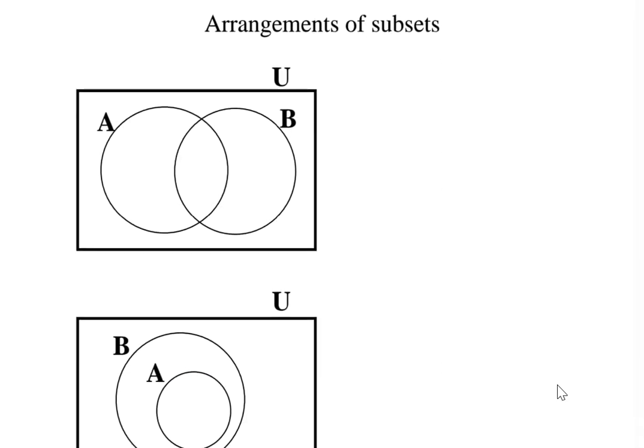All right, and the absolute last thing, arrangement of subsets. Whenever you have two subsets in the universal set, you could have one of three arrangements.